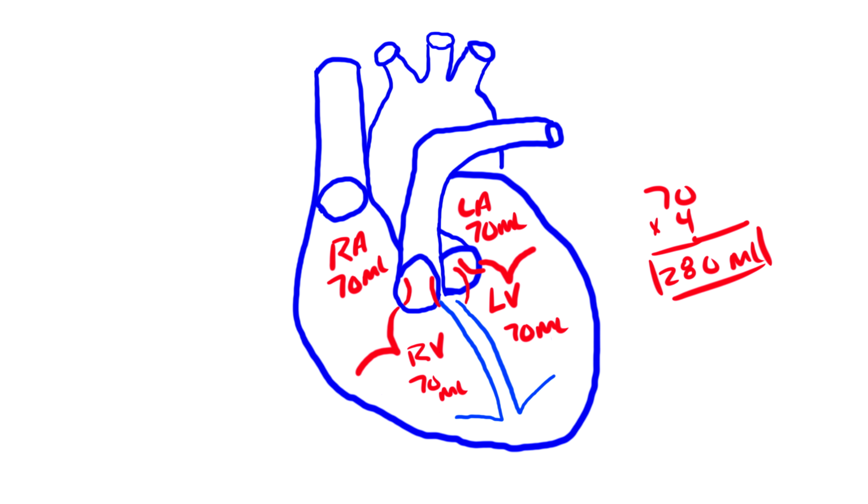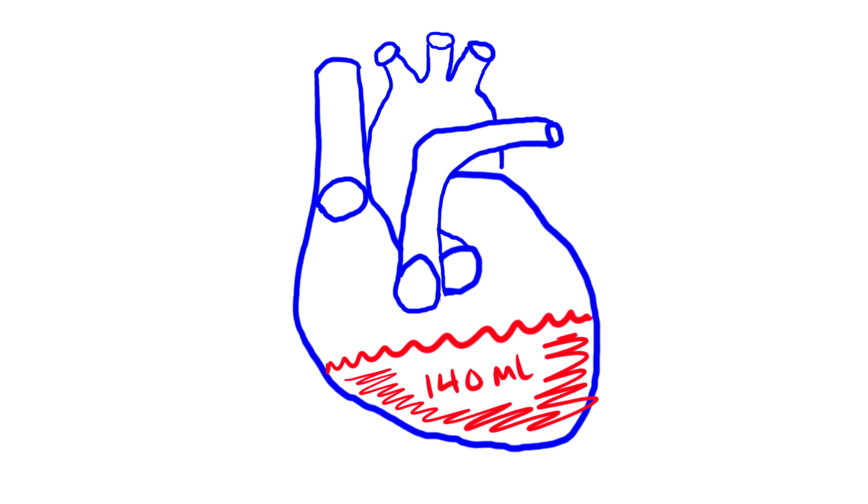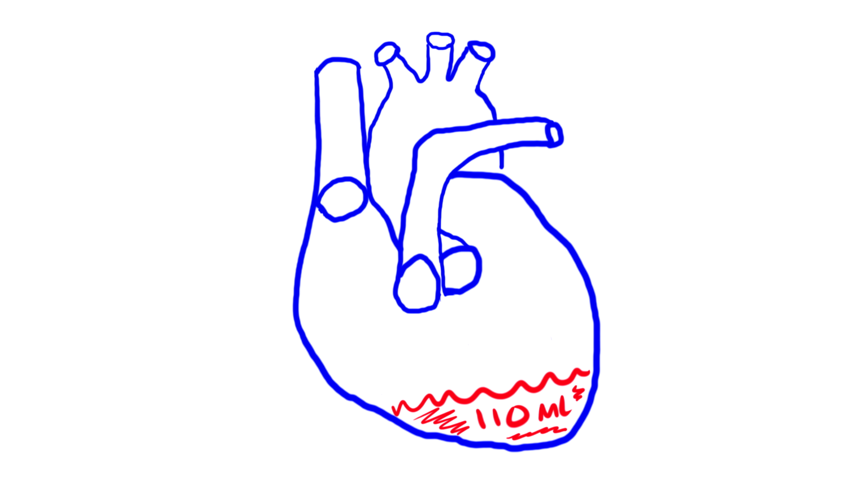This is the total preload available, each chamber holding approximately 70 milliliters of blood. Now let's say the ventricles are weakened and cannot contract normally. Each beat, instead of ejecting the normal 140 milliliters of blood, it only ejects 30 milliliters, leaving 110 milliliters within the myocardium. Then, during diastole, the heart fills again.